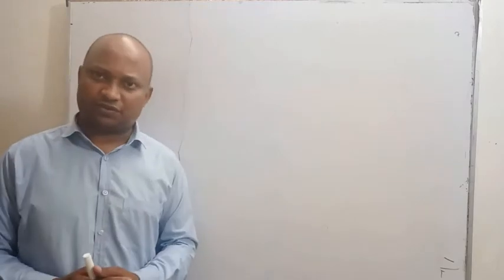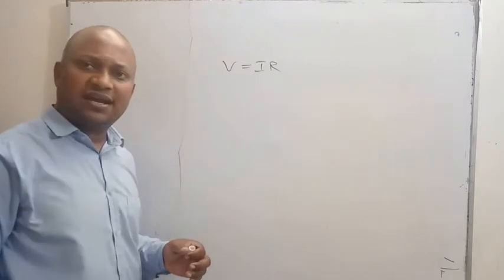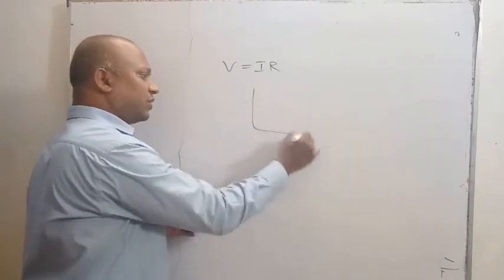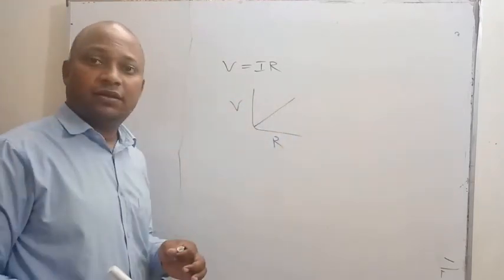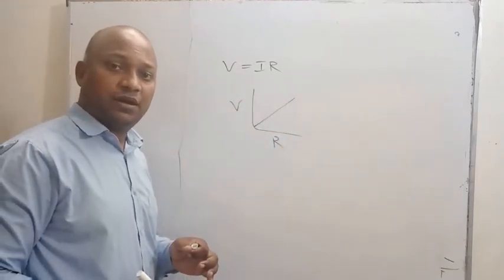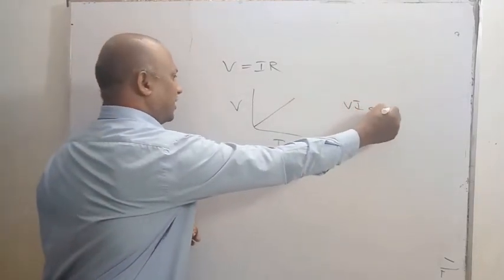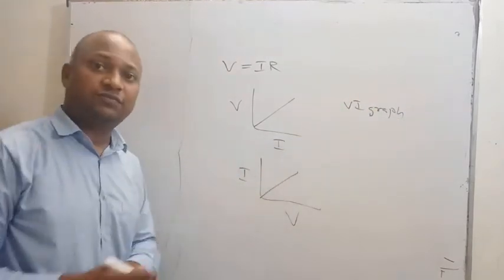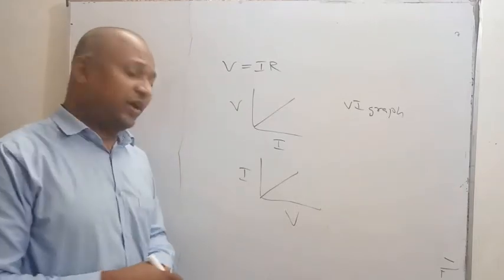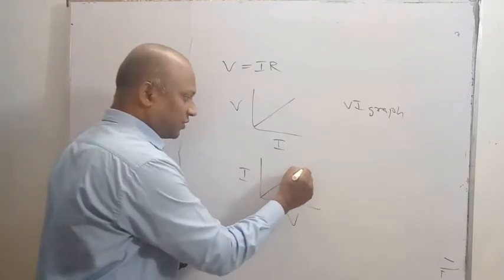Let's talk about the limitations of Ohm's law. The scalar form of Ohm's law is V is equal to IR. When you draw the IV graph for Ohm's law, it is a straight line, but when there is a greater potential difference, the graph is not obeyed.